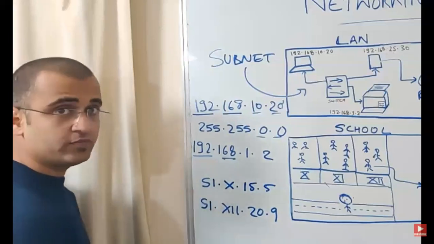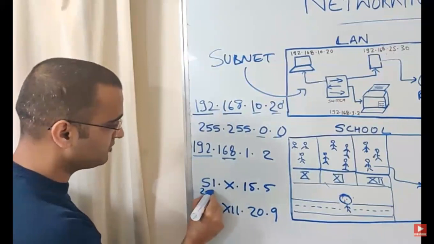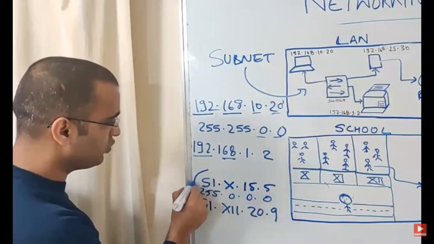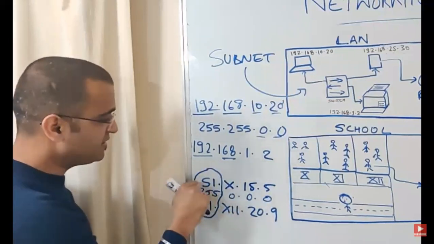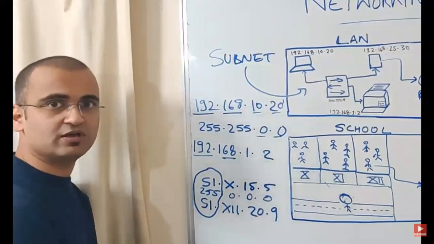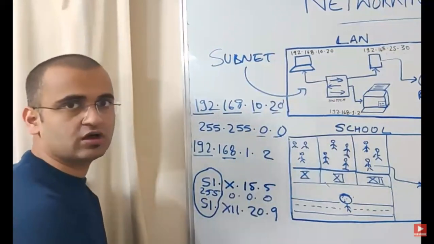So what would be the subnet for this? You can identify. This would be 255.0.0.0 because we are only comparing this first part. If it matches with S1, that means these two students are from the same school, and they can talk within this school network.